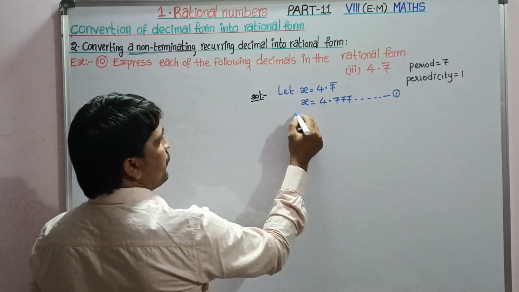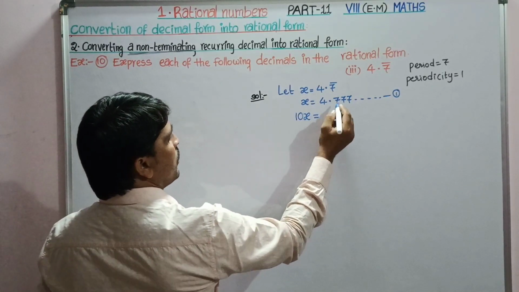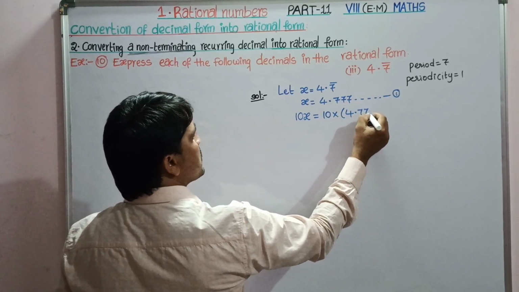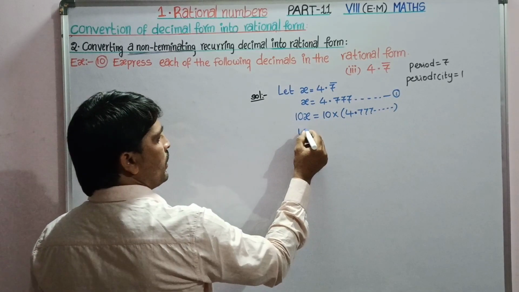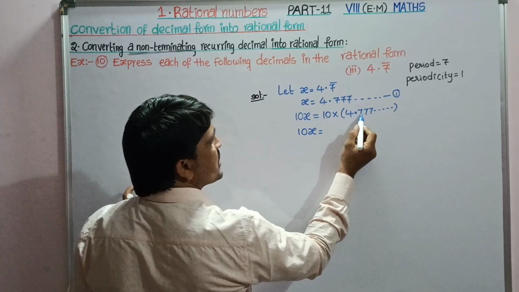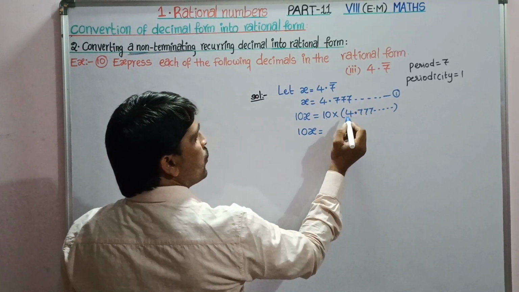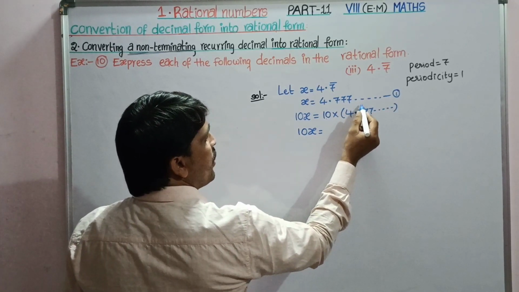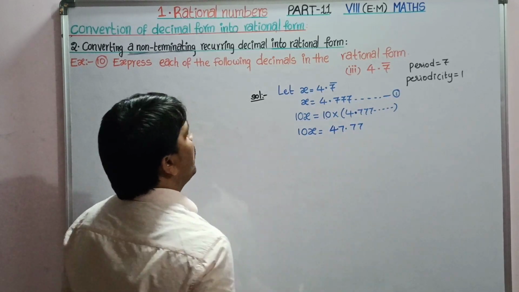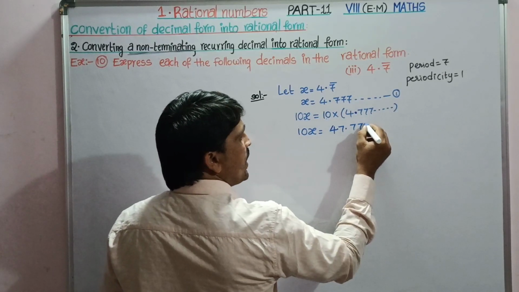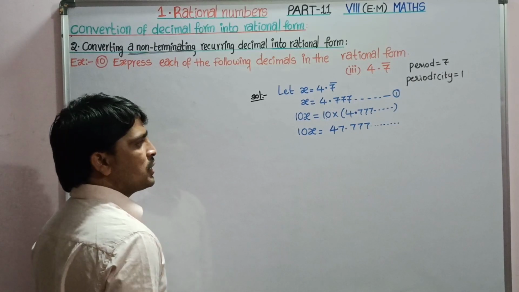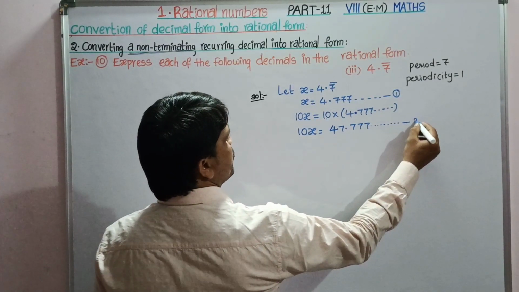Multiplying 10 on both sides of equation 1, we get 10x equal to 10 times 4.777 and so on. The decimal place shifts after one digit, that is, we get 47.77. But we can write as many times as we wish, as 7 is the recurring digit in the decimal part. So let it be equation 2.